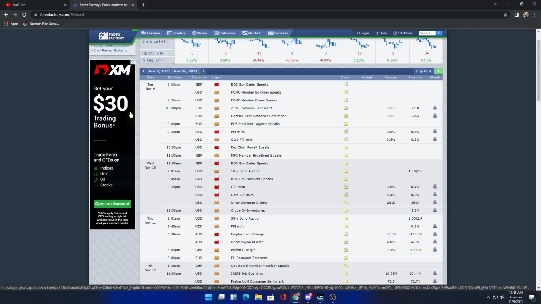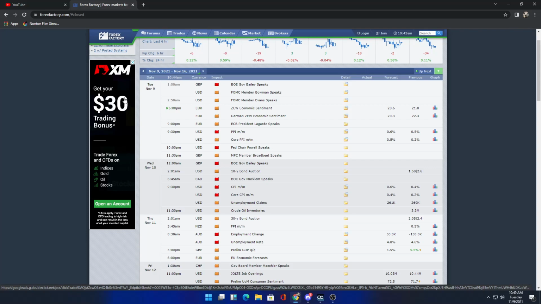My prediction is that USD is going to be strong today. So we look at pairs involving USD, either USD in the front or USD in the back. Mostly if it's USD, we call it a major pair.